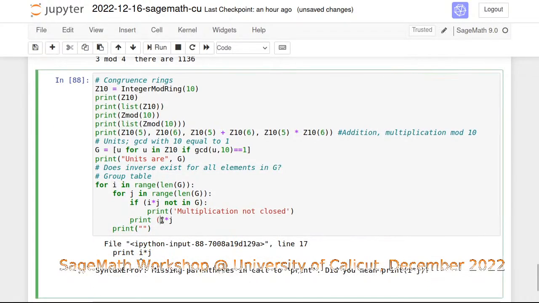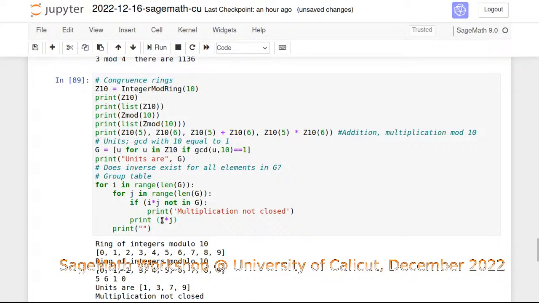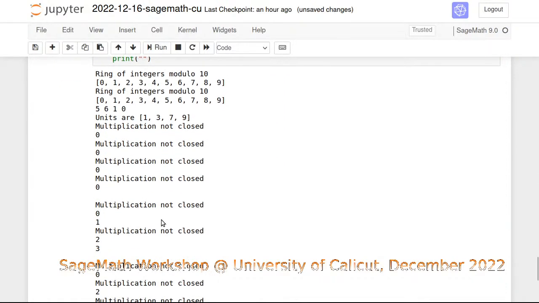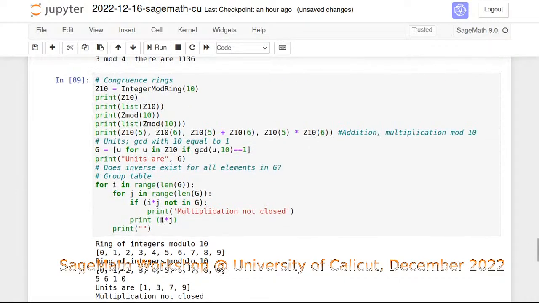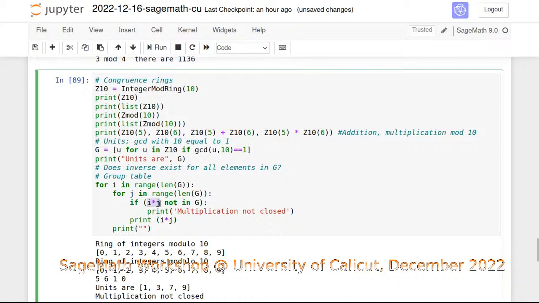Bracket is missing, sorry. I should not take i star j. I should take G of i star G of j, so the ith element and jth element. G i, G j.